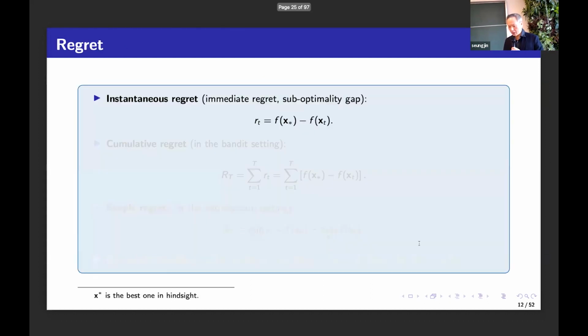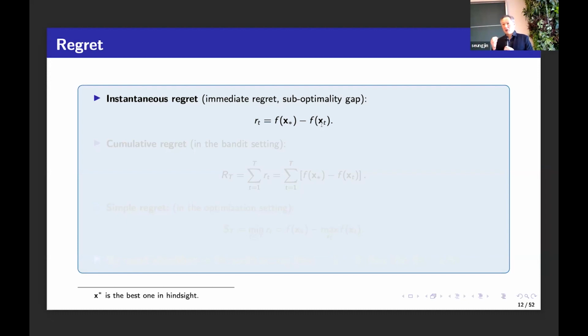All right. So how do you measure the performance of these algorithms? The performance is measured by the regret. The instantaneous regret, which is also known as the suboptimality gap, is the gap between x star, the global maximizer, which of course we don't know, and x sub t, our choice.